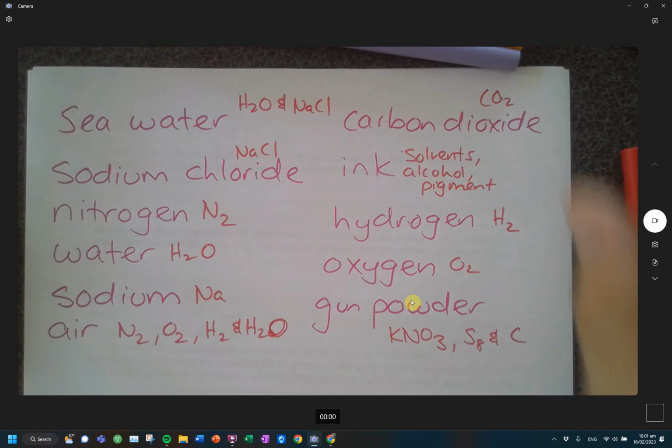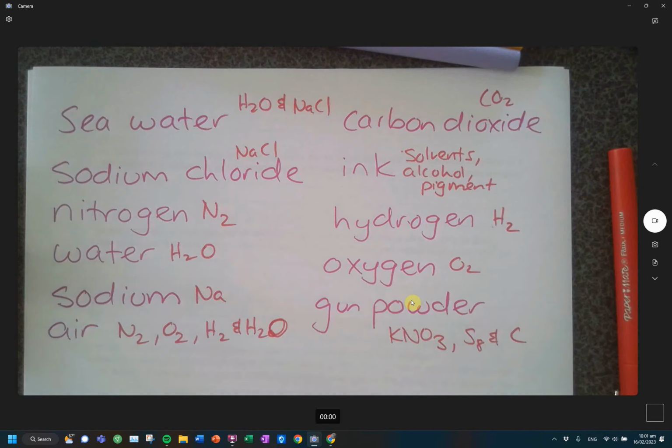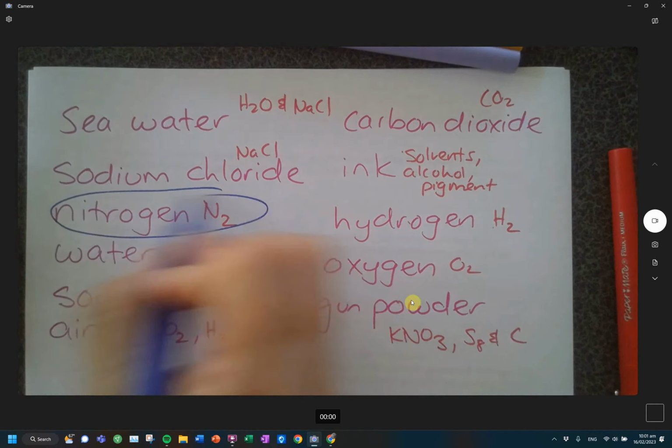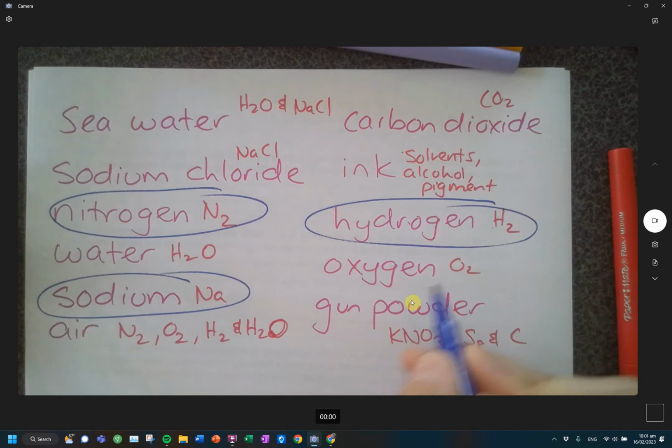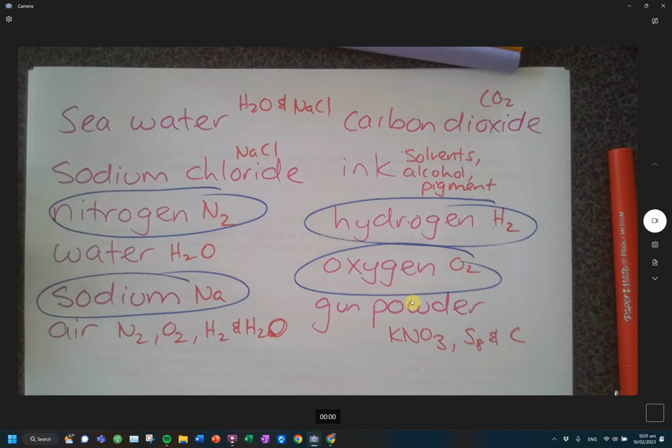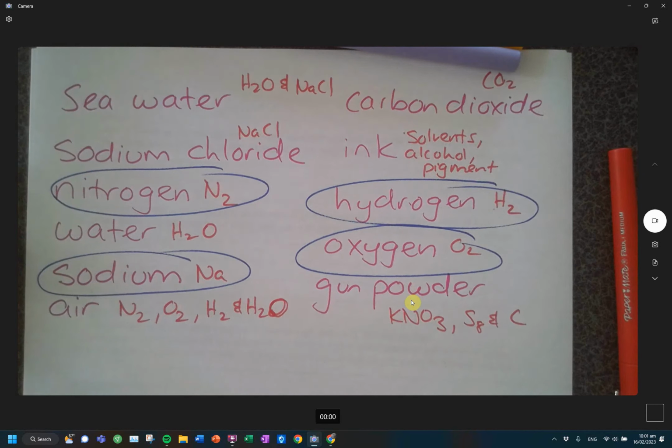All right, so we've already got one group. Nitrogen, sodium, hydrogen, and oxygen. So the things in the blue are our elements.